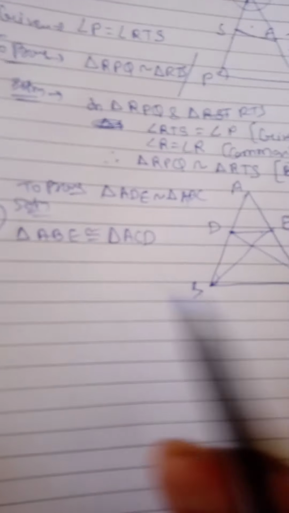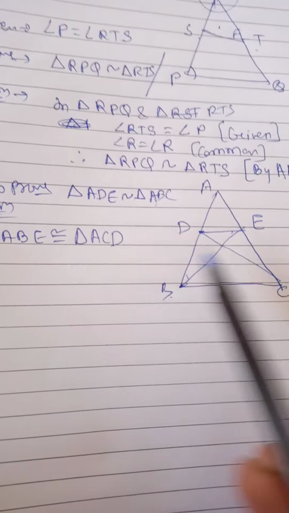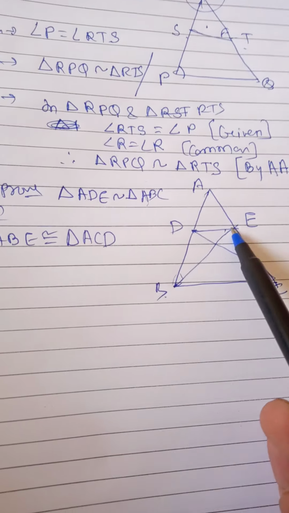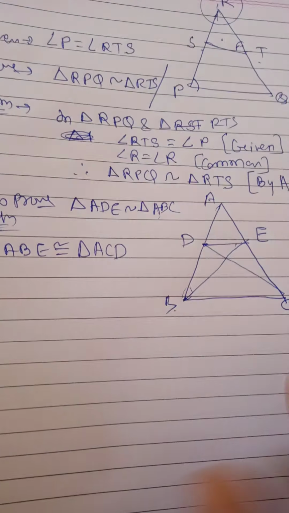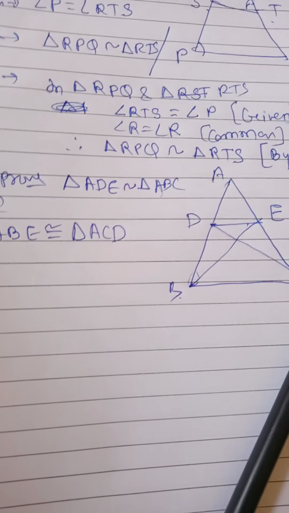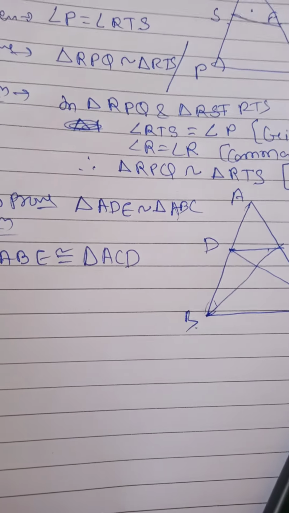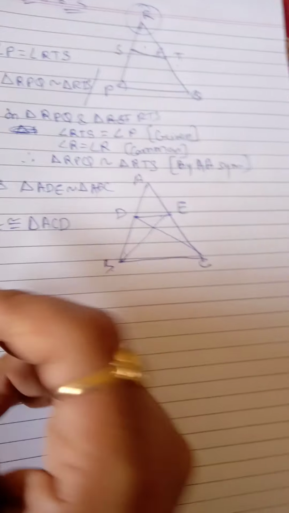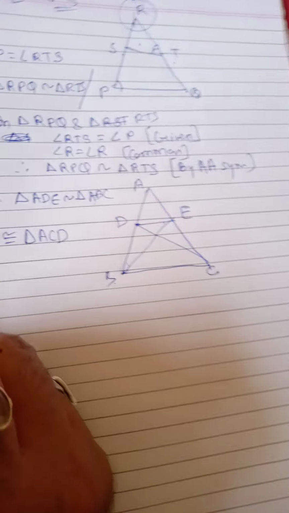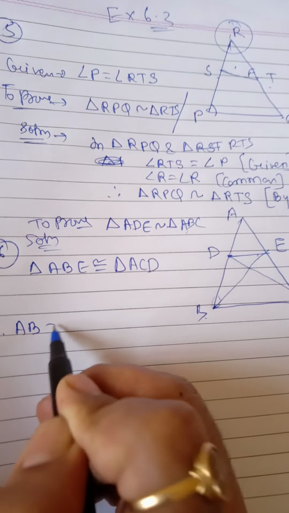Now if I carry AB and AC, can you see ABE and ACD? The two triangles are congruent. So what will be the benefit for us using this condition? We will write here, therefore, AB is equal to AC.